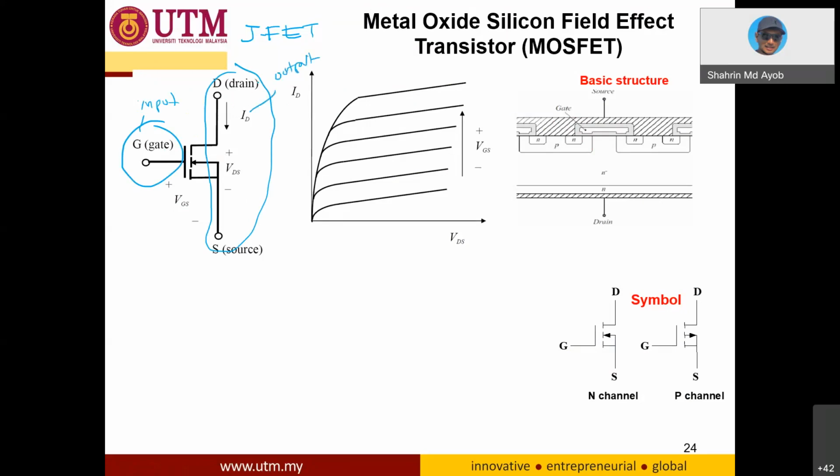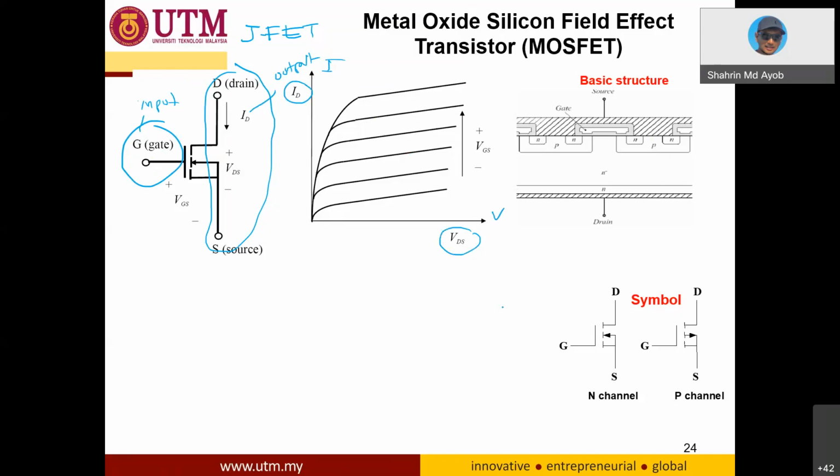Same like BJT, the output will be connected to the power circuit, while this gate terminal will be connected through the gate driver from the microprocessor. Okay, so this is the IV characteristic at the output side, ID versus VDS.